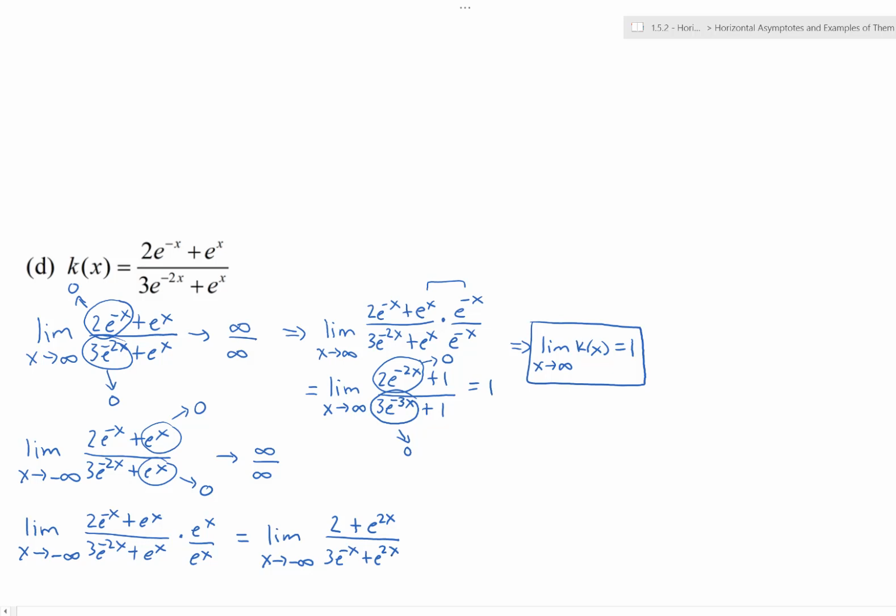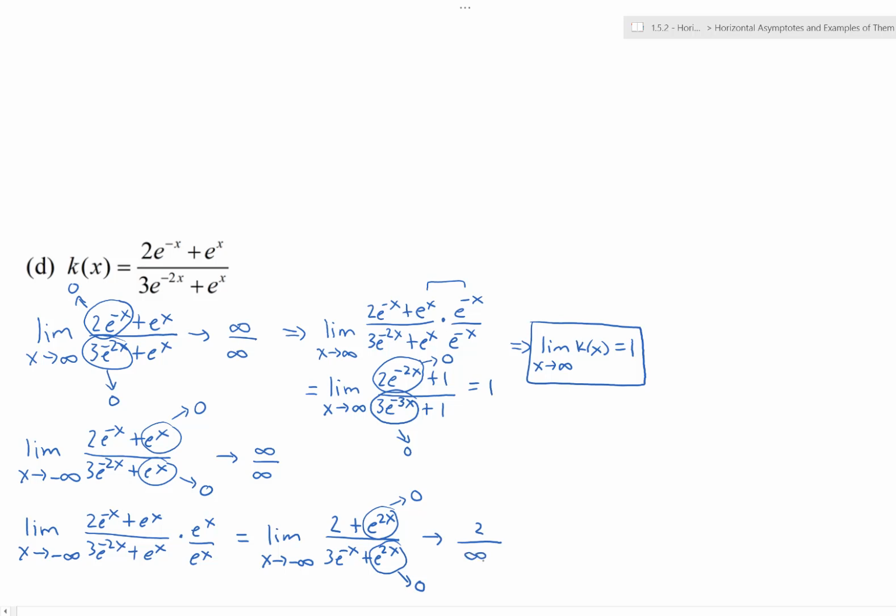Well, as x goes to negative infinity, e to the 2x goes to 0, top and bottom. And then notice that we're left with just that constant 2 in the numerator, and 3e to the negative x is still going to become infinitely large. So this goes to, if you will, 2 over infinity.